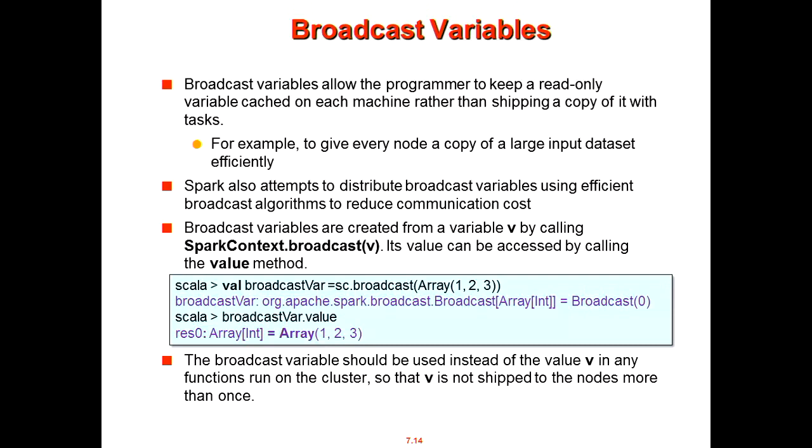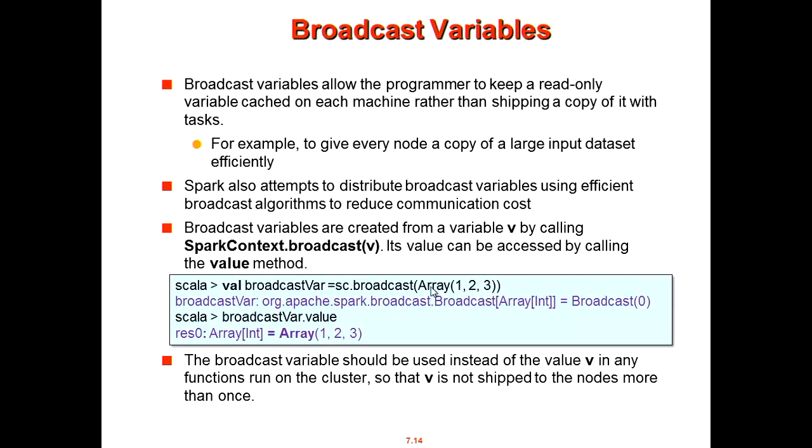So this is the broadcast variable. And in Spark, there are some mechanisms to do this broadcasting efficiently to reduce the communication cost. This is one example of how to use a broadcast variable. We define a broadcast variable, and this contains one array with numbers 1 to 3.